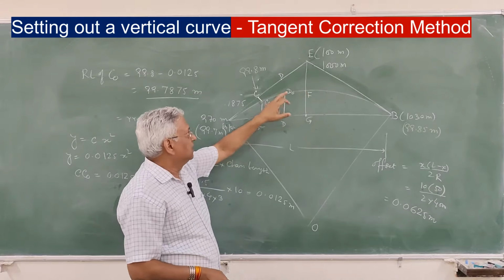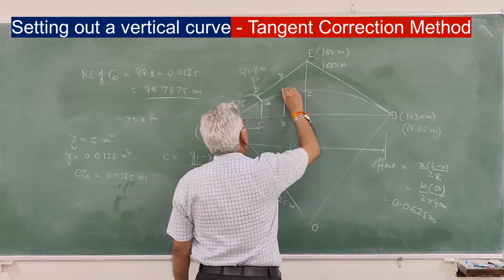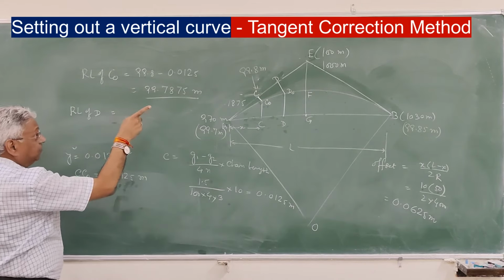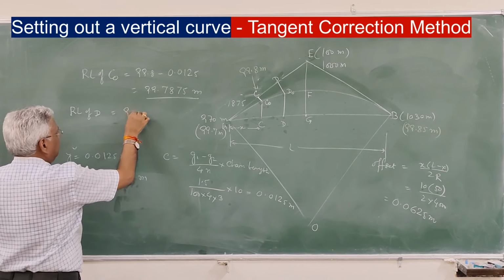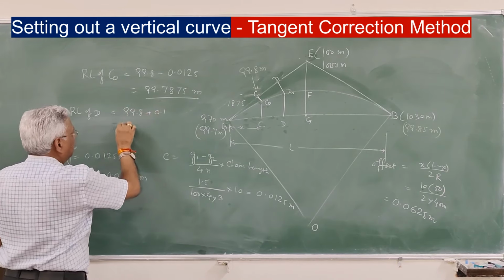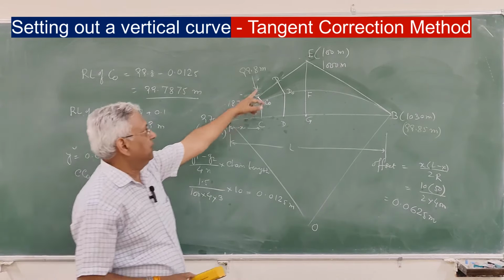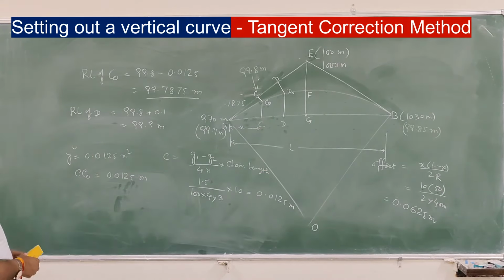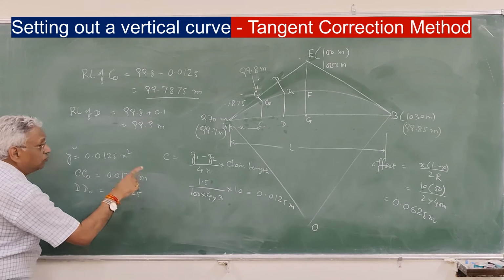Similarly, you can find out RL of D0, and for that first you find out what is the RL of this point D on the tangent. Okay, we are discussing the tangent correction method. So RL of D will be 99.8 plus 0.1, that is 99.9 meter. 0.1 for every 10 meter up to E, and then you fall at a rate of 0.05. The correction will be now DD0. Next correction will be 0.0125 into x square.